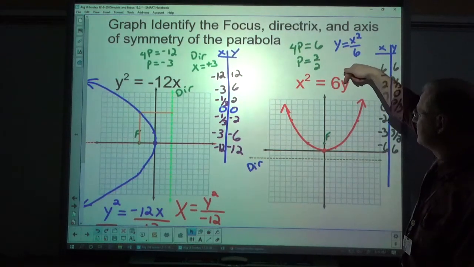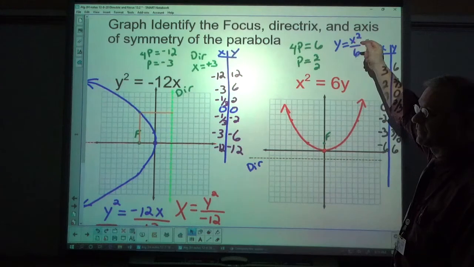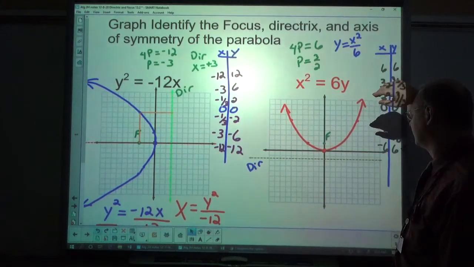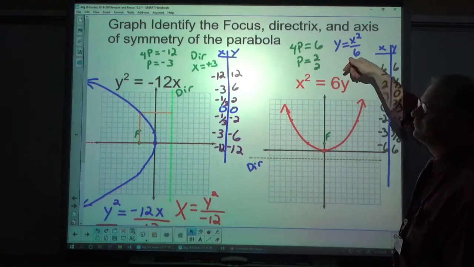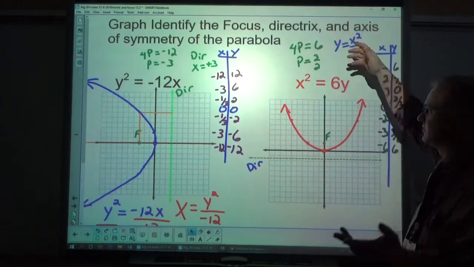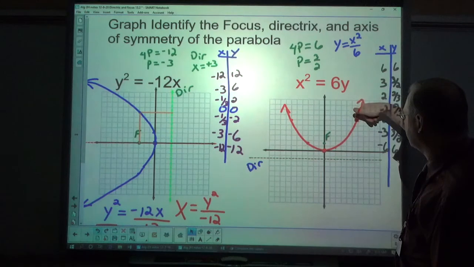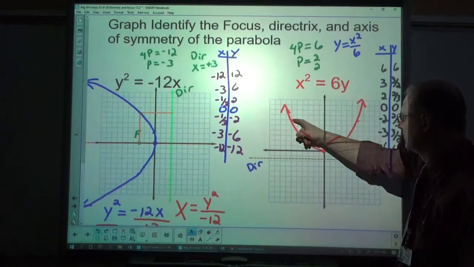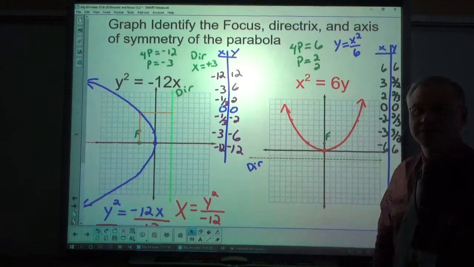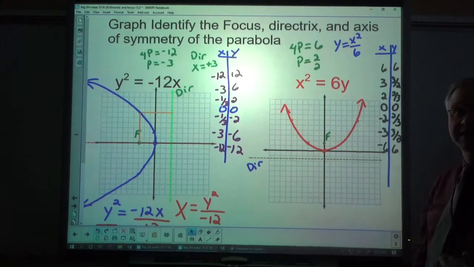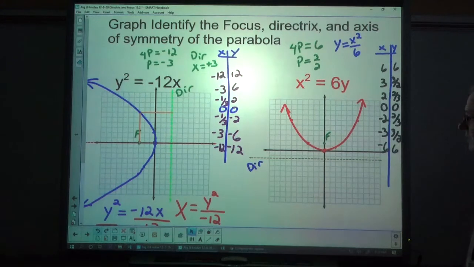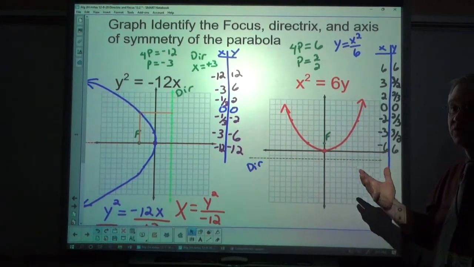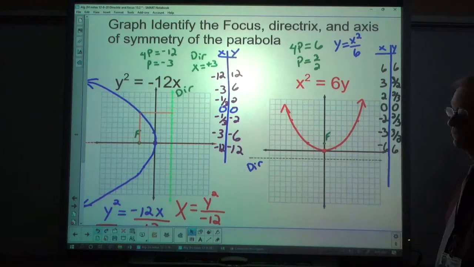So when radio waves, television waves, whatever, come in and hit the dish, they're going to go to the focus. They bounce off and go right at that focal point. And that's one of the big keys as to an actual use of a directrix and focus.